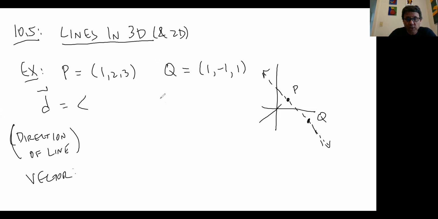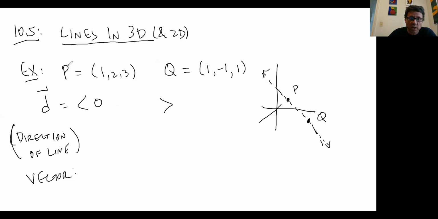So the direction is determined by, well, if you're going to go from any point on a line to another one, how did you get there? Well, from P to Q, I didn't have to move at all in the first component. I just kept that same, 1 minus 1, basically.